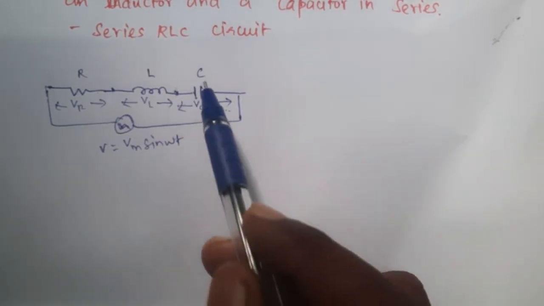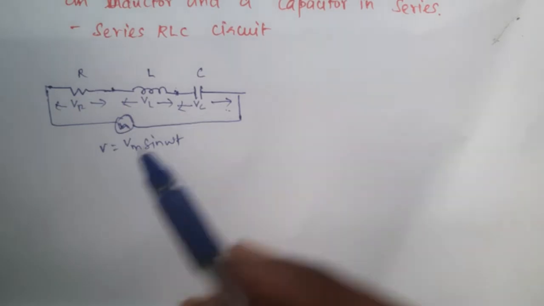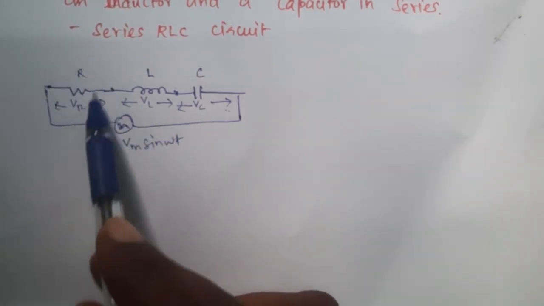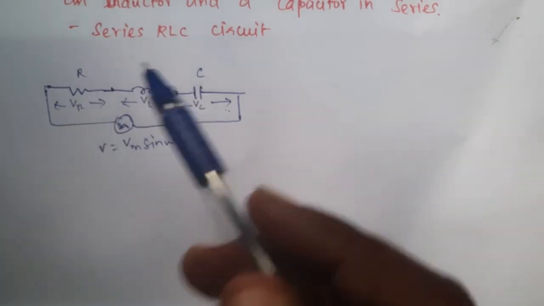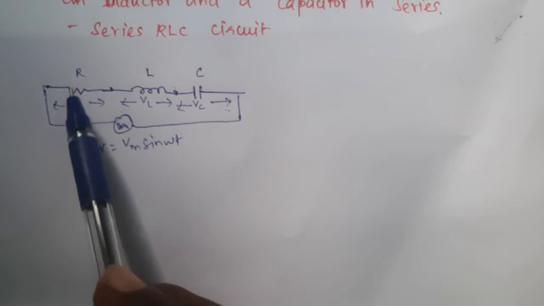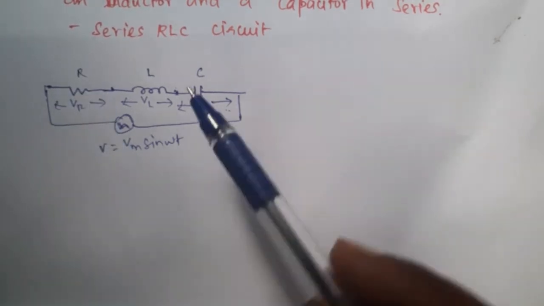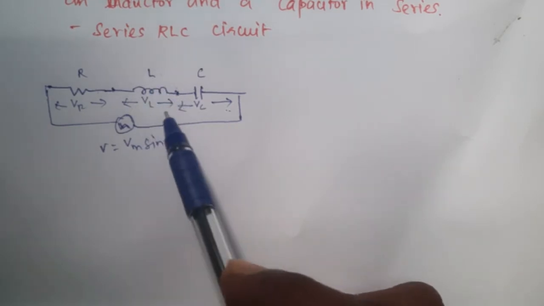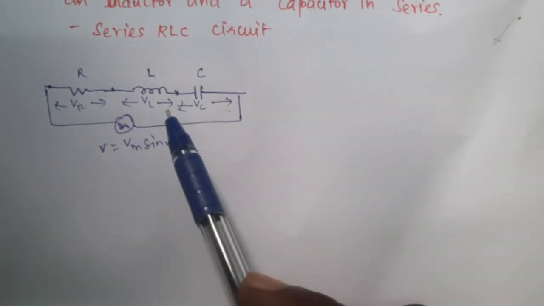We already know that the voltage across R is in the same phase as the current. So there is no phase difference between current and voltage in the case of a resistor, but in the case of an inductor, the voltage leads I by pi by 2.